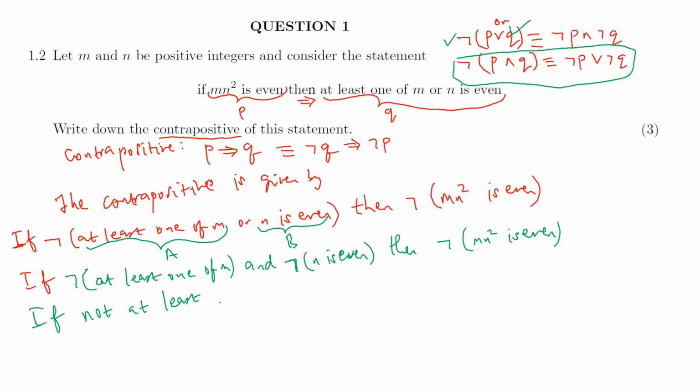Well, for instance, if I say buy at least two sweets, what does it mean? Well, it means buy two or more. It means two or more.